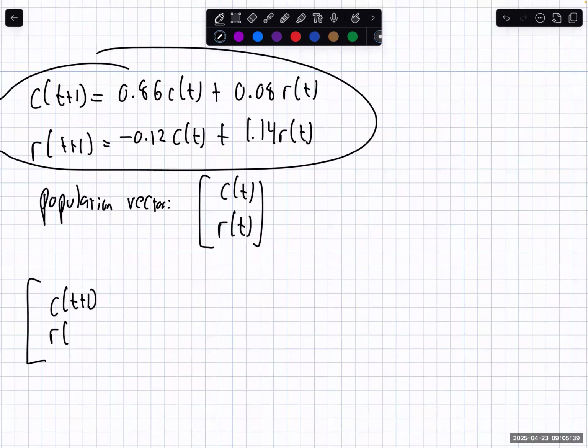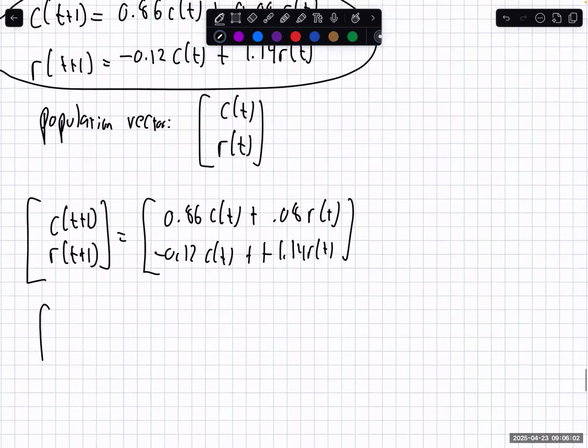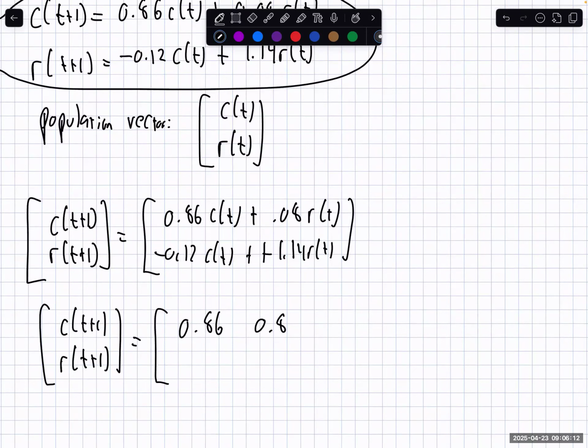So next year's population vector, and we can look at this as a matrix.